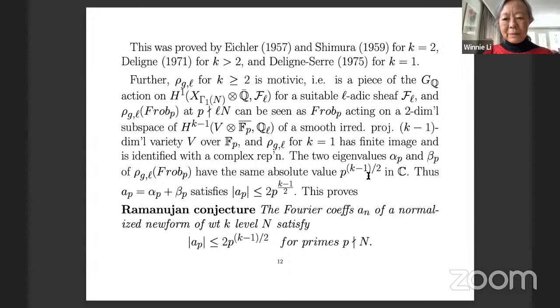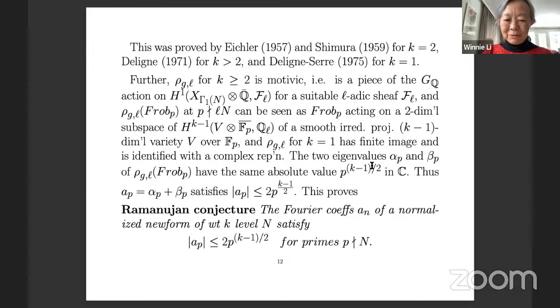And when weight k is equal to 1, the Galois representation actually has finite image, and it is identified as a complex representation, as I mentioned before. Since it has finite image, the Frobenius here has finite order, so its eigenvalues are roots of unity.